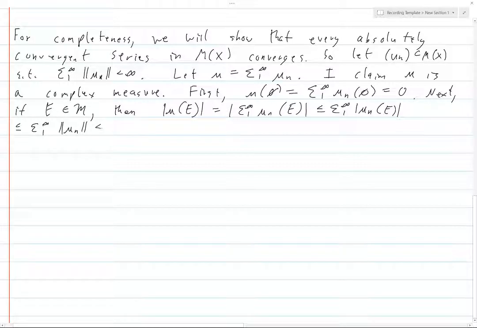And we know by assumption that this is finite. So μ maps into C. And in particular, the absolute value of μ(X) is finite.